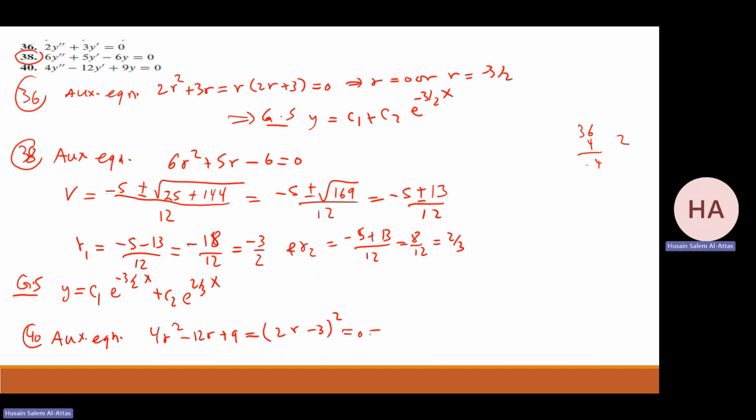So r is what? 3 over 2 and 3 over 2. General solution, y equals c1 e to the power 3 over 2 x plus c2 x e to the power 3 over 2 x. Yeah, I think this will be the answer.